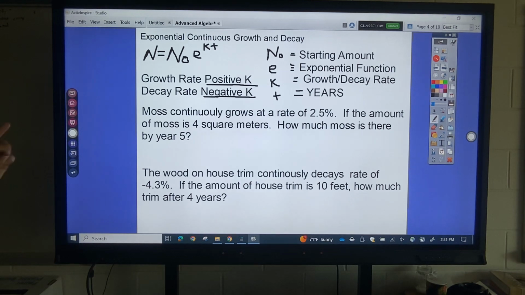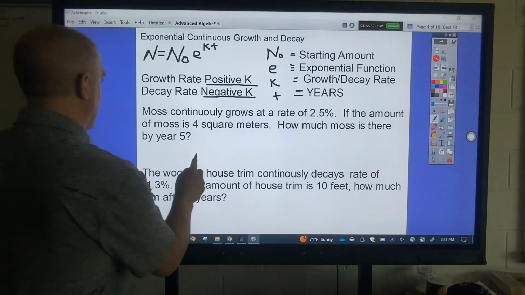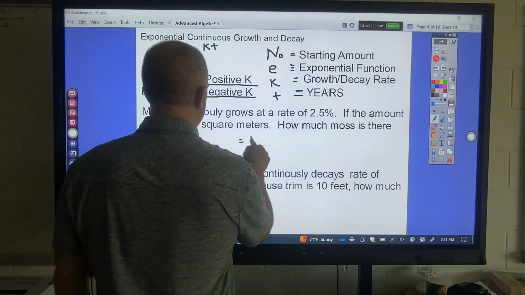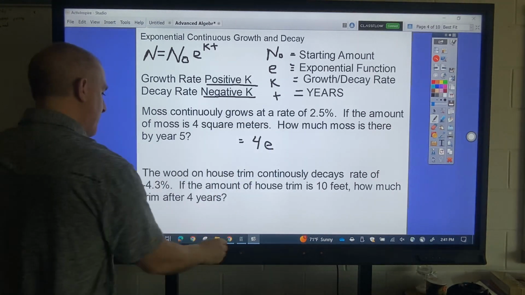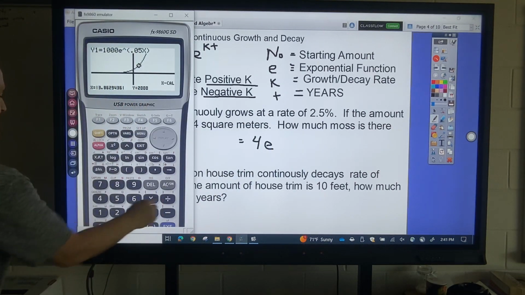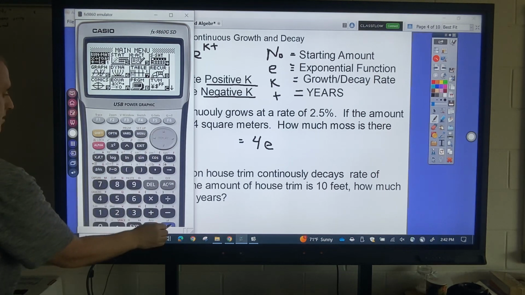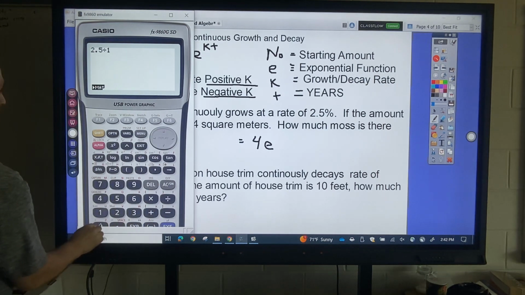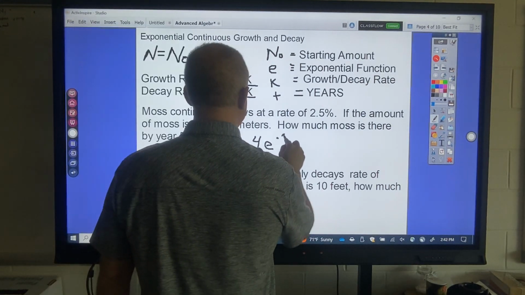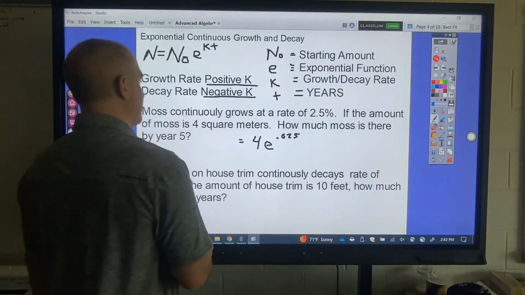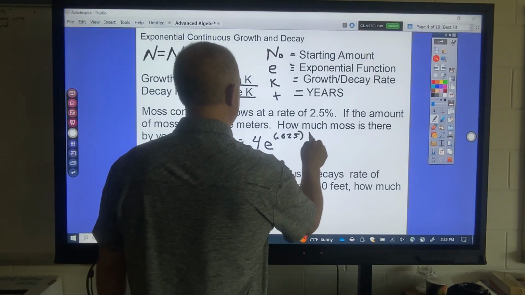So, moss continuously grows at a rate of 2.5%. If the amount of moss is 4 square meters, how much moss is there by year 5? So I would start with 4, E, and if my rate is 2.5%, 2.5 divided by 100, that's going to be 0.025, and since it's growth, it's positive, times 5 years.